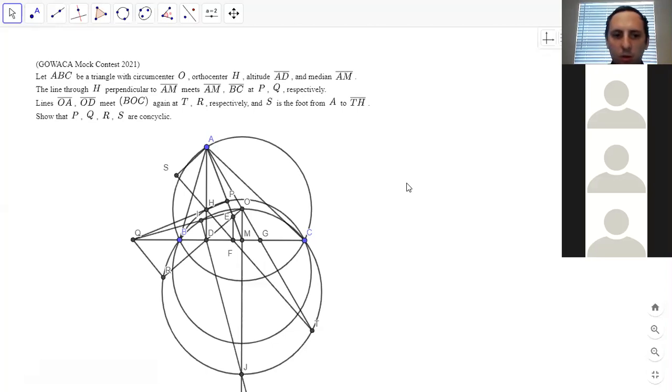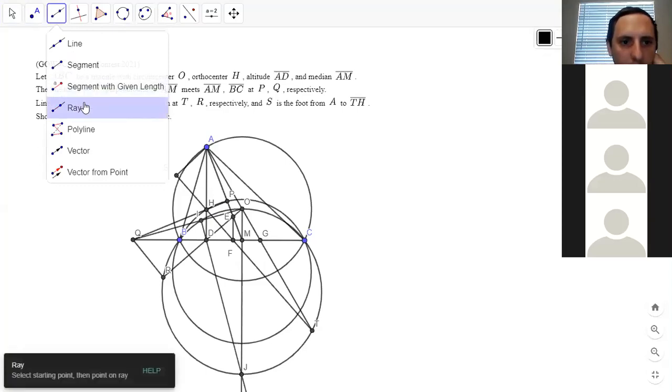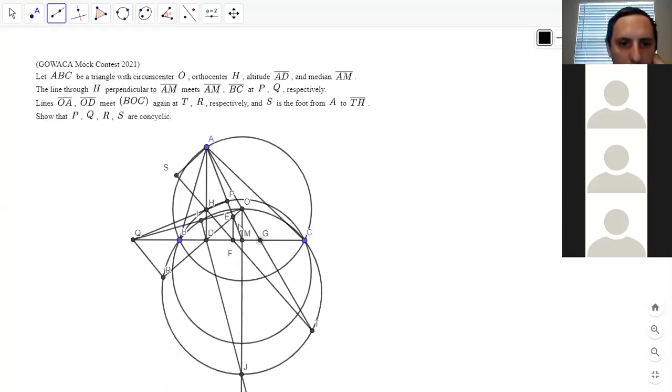Other way is to prove that EG bisects AD. EG bisects AD. Yeah. Are you sure about that? It looks like it is true.